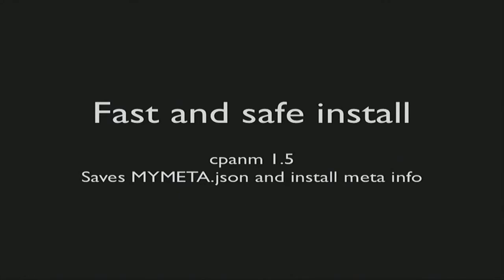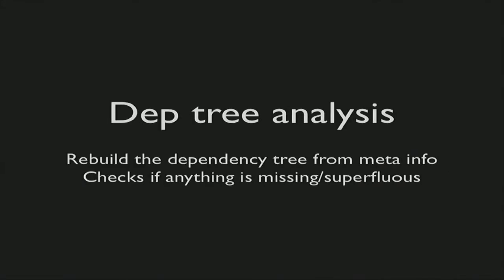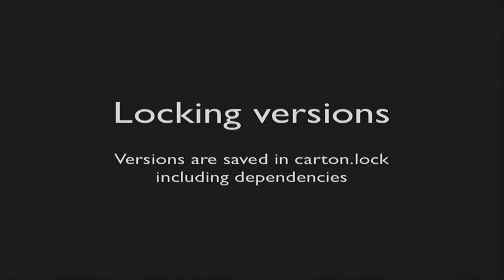But cpanminus starts to install these meta files into the library path, so that later you can see why this module is installed or what this module wanted to require at the installation time. That kind of information is saved in the path, which is very useful. And Carton lets you analyze the tree information that I'm going to show you later.